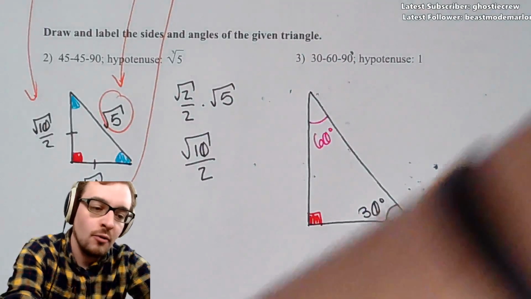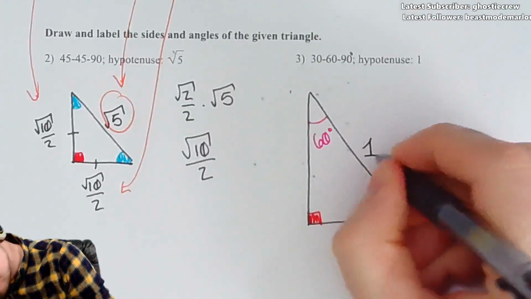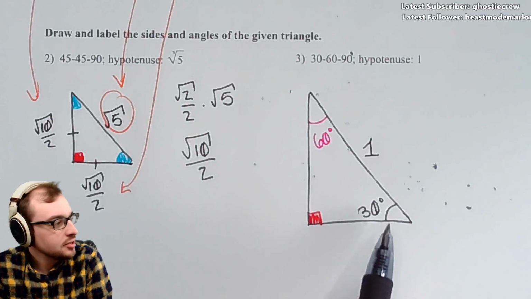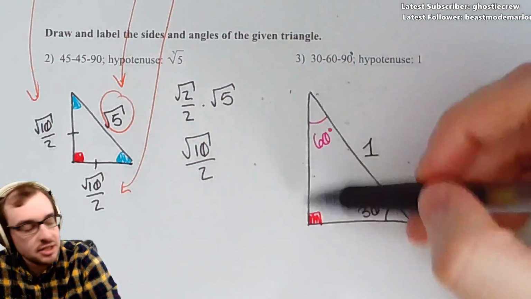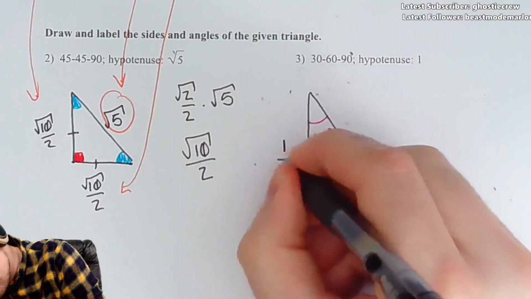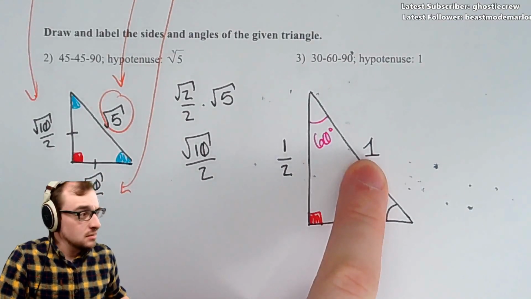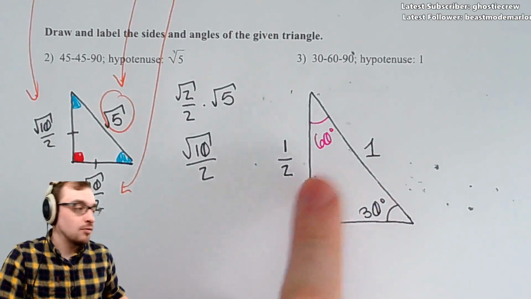Okay. We learned that when the hypotenuse is 1, the opposite of 30, see how there's 30? If we go across from that, the opposite of 30, this side right here, is always going to be half. In other words, whatever the hypotenuse is, the opposite of 30 is half of that. Well, what's half of 1? It's half.